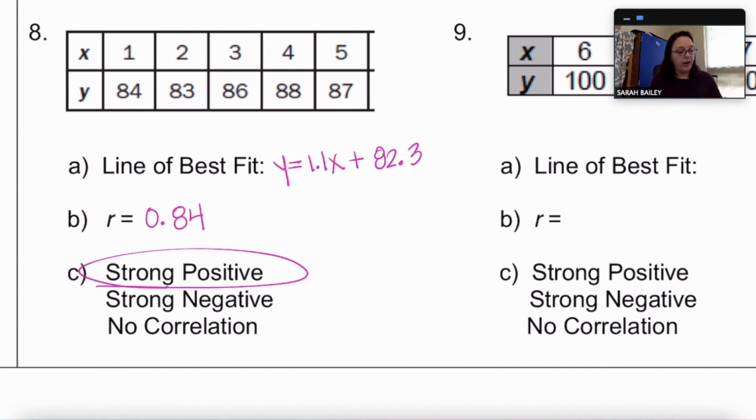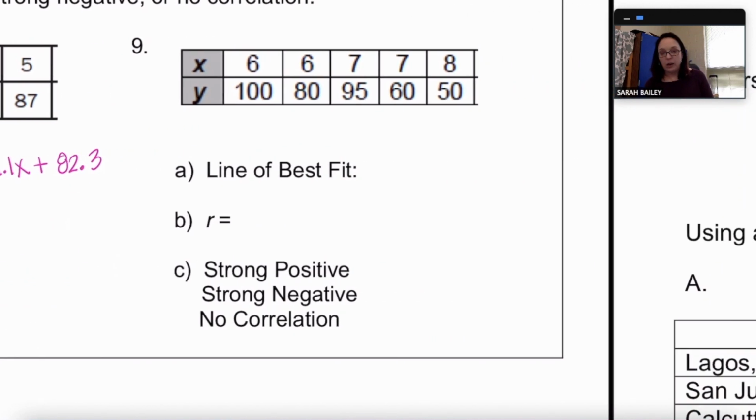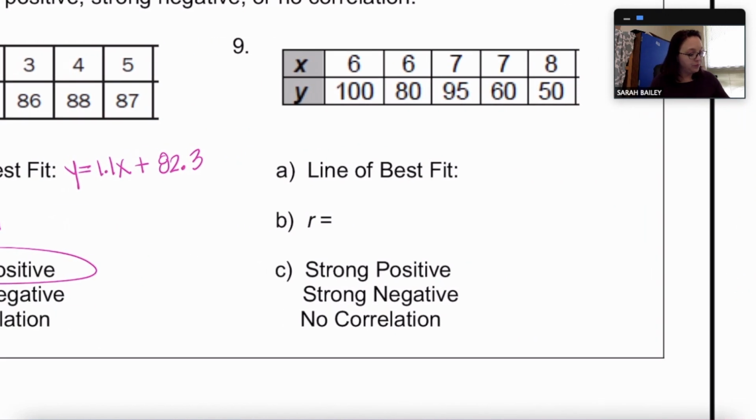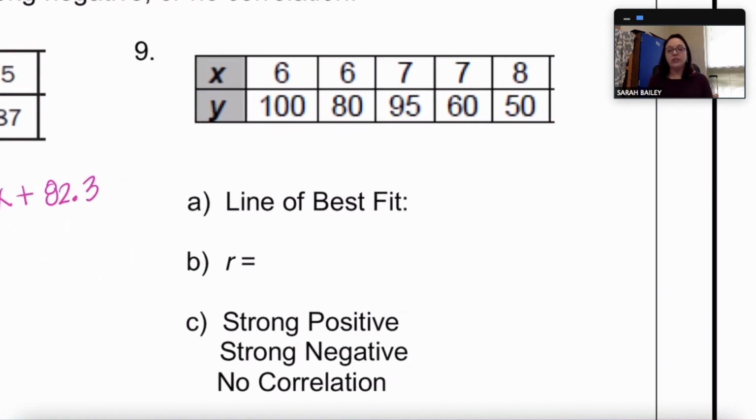Now we're going to get ready in just a minute, and we're going to do number 9. All right. So let's go ahead, look at the table here for number 9. And we are going to go to Desmos. And you're going to enter this information in the table in Desmos first.